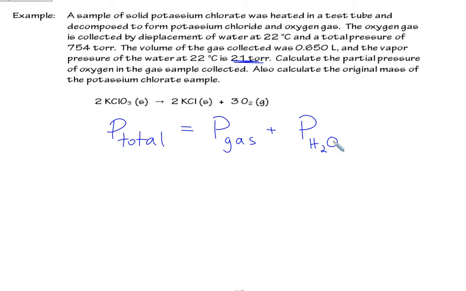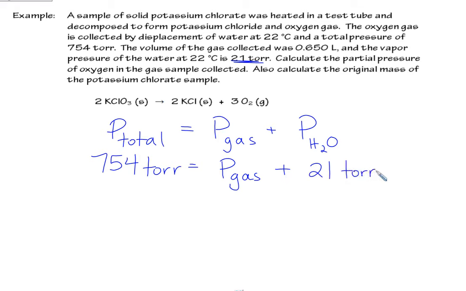So we do a little calculation. It's super easy. The total pressure is measured to be 754 torr. We want just the pressure of the gas, but conveniently, we can look up the vapor pressure of water on a chart. We just need to know its temperature. And here they give it to us, 21 torr.